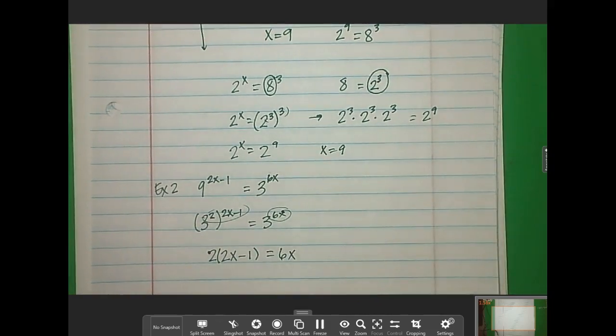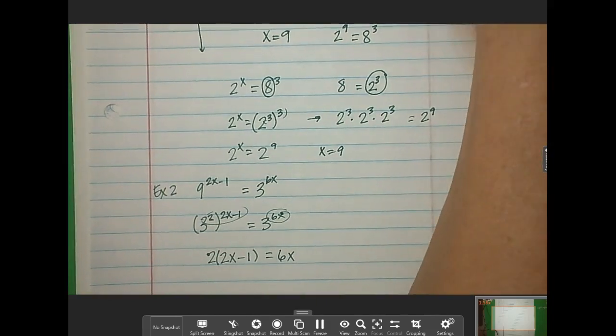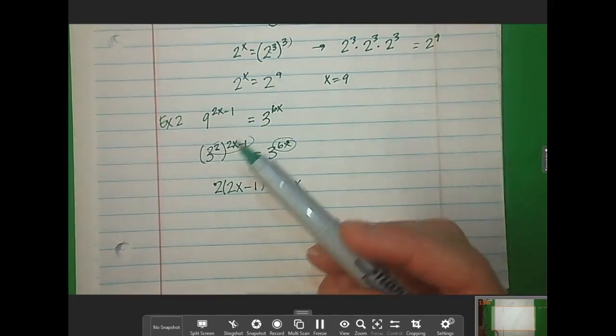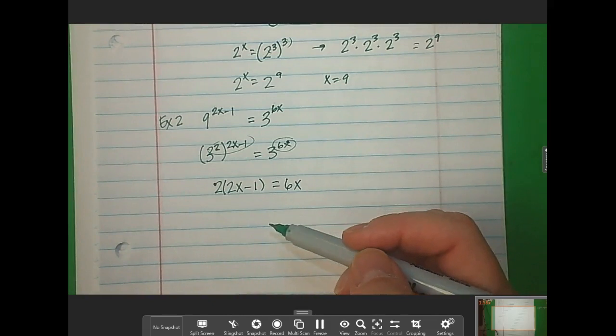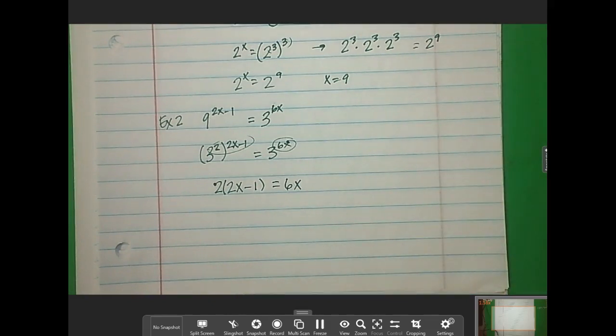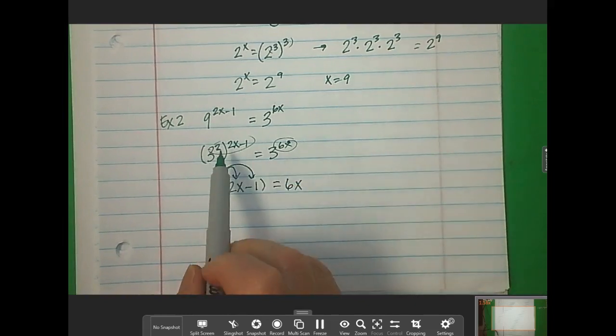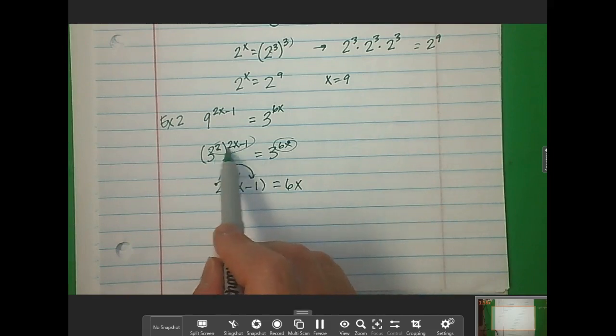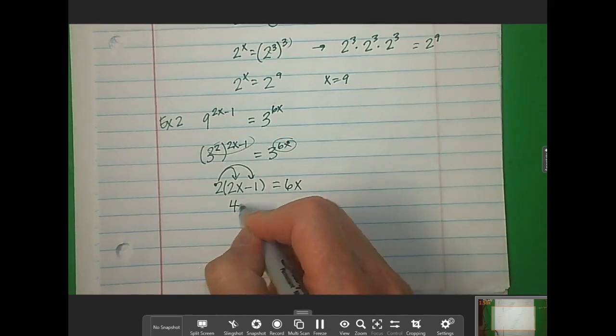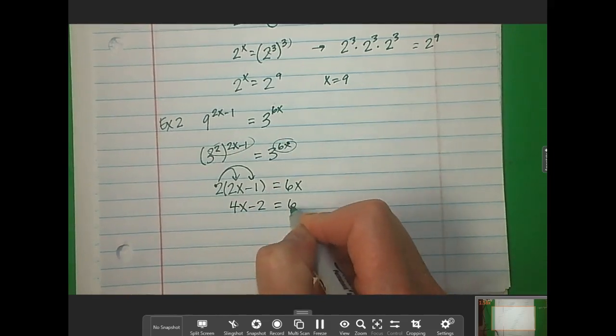Now it's solving an equation like you did in Algebra 1, right? So what's next? What's my next step to solve this? Multiply it. Yep. So would it have been okay to go ahead and multiply that up here and have 3 to the 4x minus 2 up here? Would that have been okay? Yeah. So if you did that, that's totally fine.